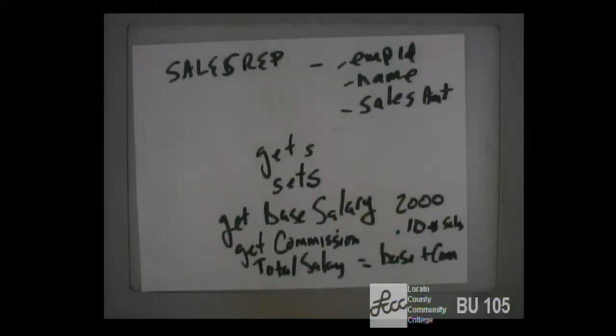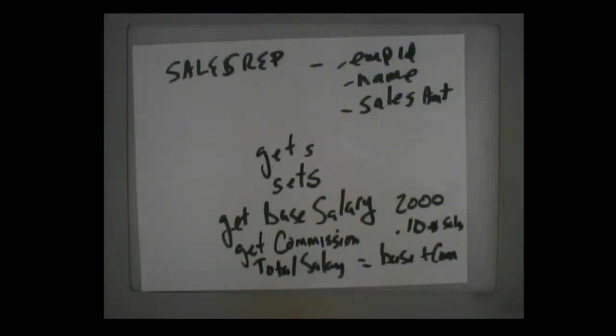Their commission is 10% of what they sold. If they sold $10,000, their commission would be $1,000. So their total salary would be $3,000 per month for that month. All right. Of course, it's going to depend on what their sales are on any given month.